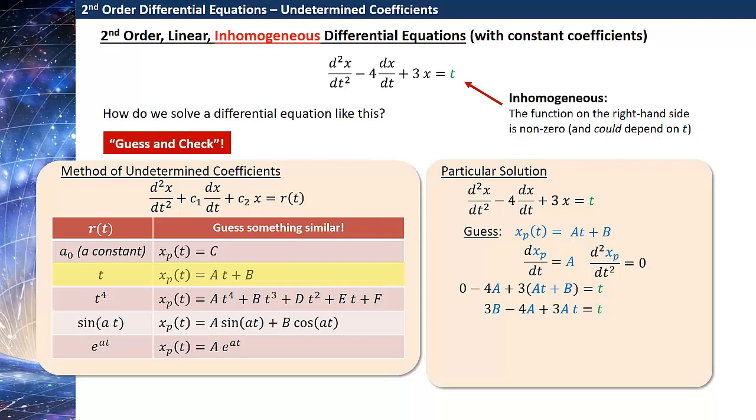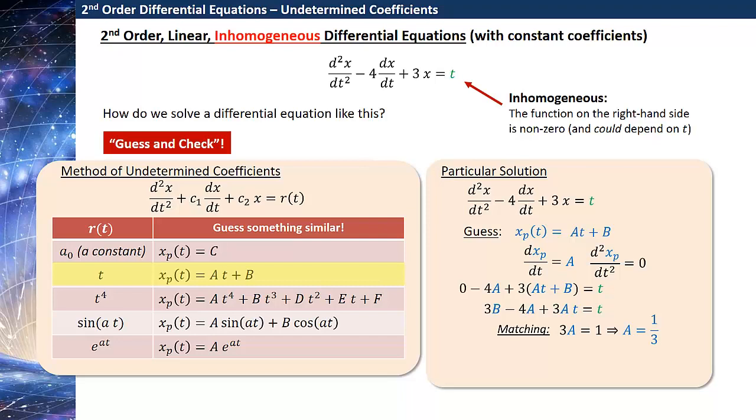So, for instance, if we want to match both sides of this equation, I need to match the coefficients of the terms multiplying t. So 3a, which is multiplying t on the left-hand side, must equal 1, which is multiplying t on the right-hand side. Well, that's nice. That immediately tells me what a is. So a is 1/3.